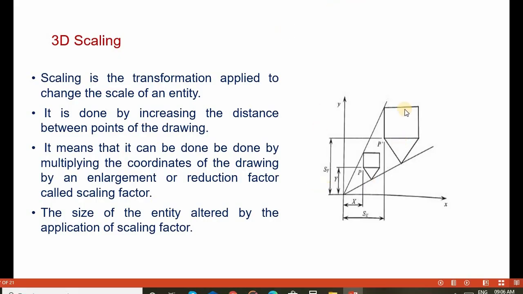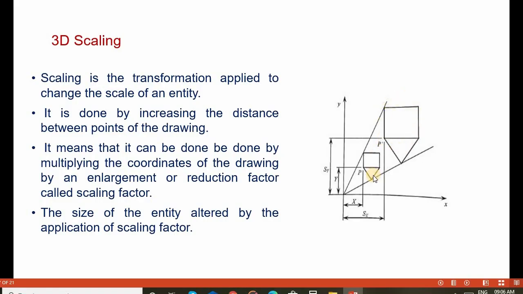The image shows the process of 3D scaling. The point P is the original object. The point P dash is the scaled object. So the original object has been enlarged into a new object, called P dash. It is an enlarged new object.